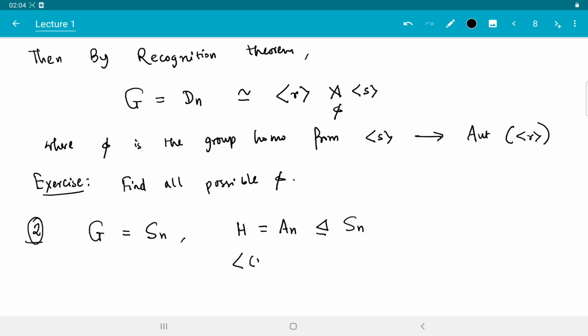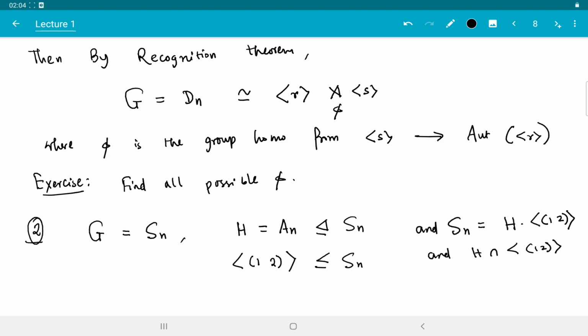And also the group spanned by the two-cycle (1 2) is a subgroup of Sn, and it is easy to see that Sn is nothing but H times this subgroup, and H intersection this subgroup is only the trivial one.